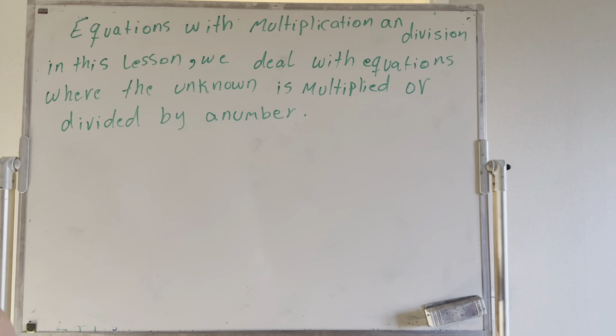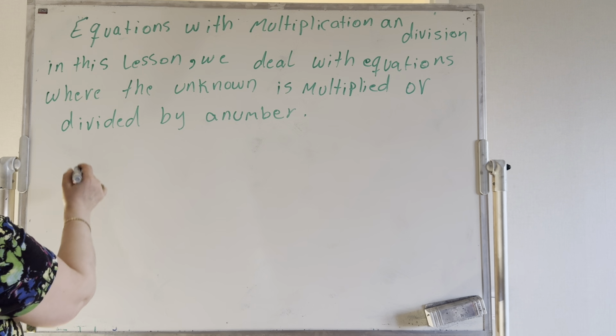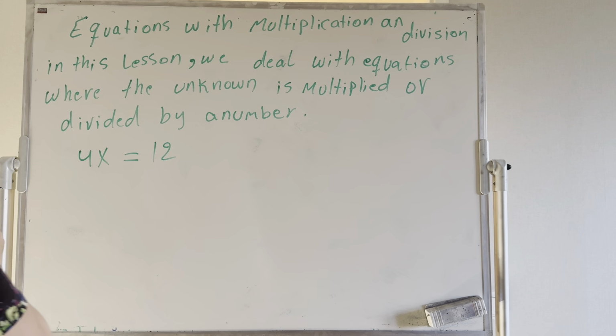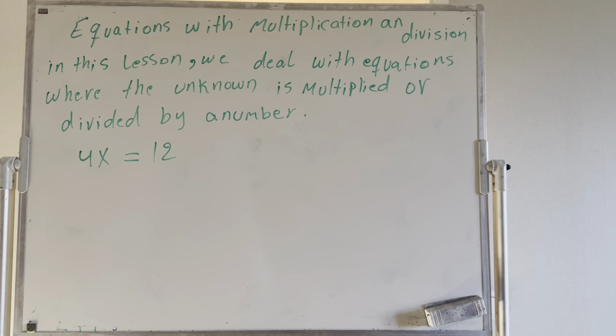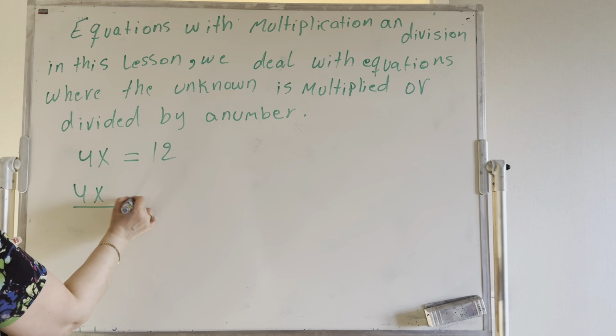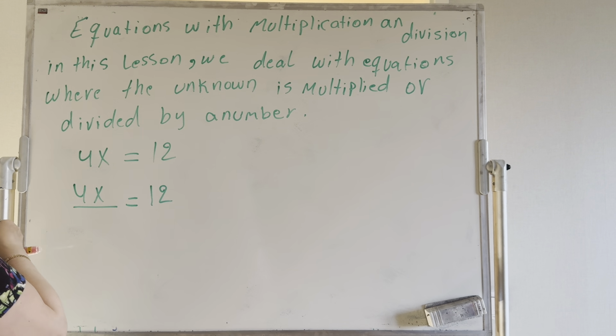For example, if we have 4x equal 12, how can we find x? If we think, the opposite operation to multiplication is division. So if we want to find x, we use the opposite operation.